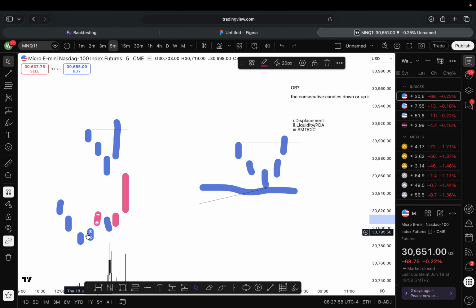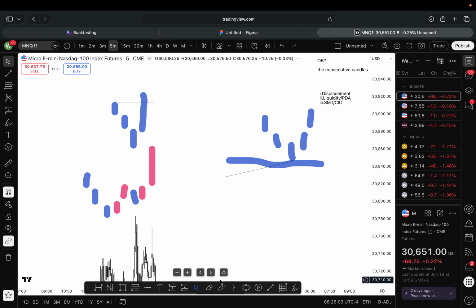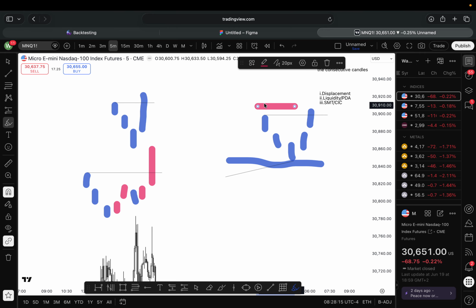We see something like that, where it doesn't really displace, because we're obviously looking for one clean movement, like these two here. So as you can see, this one takes a lot longer, which I don't really look for, because it shows me that there's not much conviction in the move, and it's not displacing heavily, so the volatility isn't quite there from the initial move from the PD array.